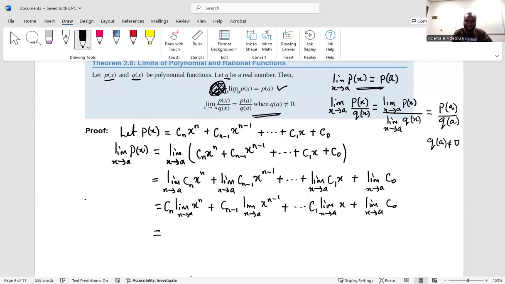Now, look at this. I have now returned to a situation whereby I have the limit of a linear function raised to a power.